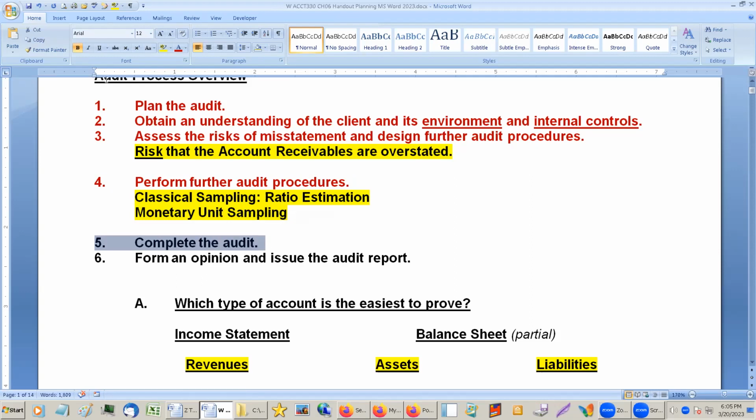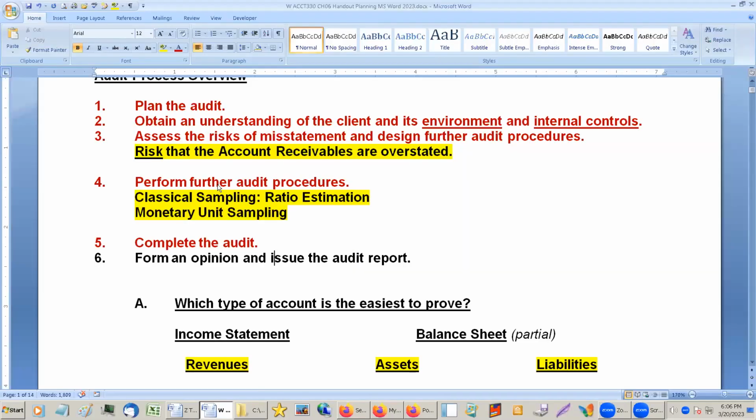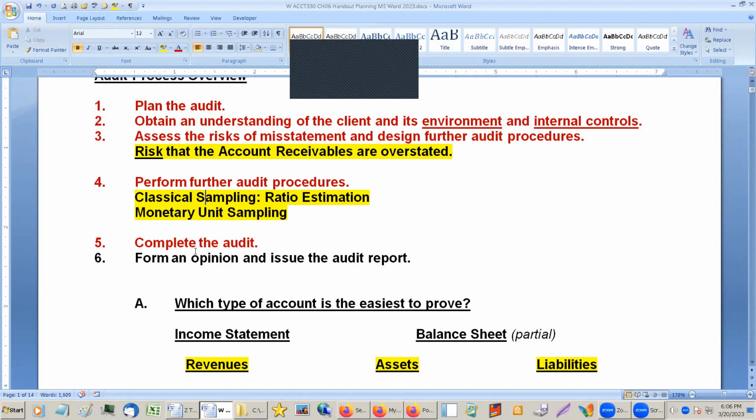At the end, we'll complete the audit, and there are some end of audit completion things. We won't have them in this class, but we'll have them in the next. And if you take the 433 course, we actually go through audit steps for each type of thing, like cash and accounts receivable and inventory and all that.